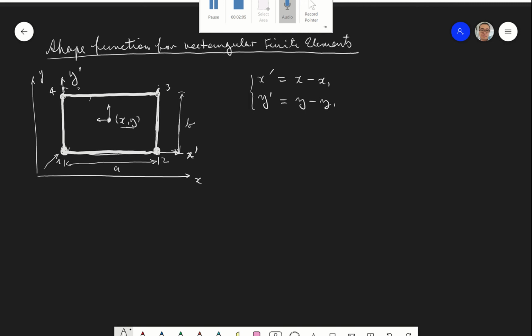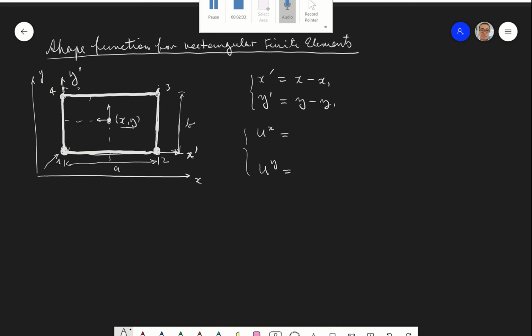And what we want to do, as before, is work out the displacement ux and uy based on the displacement at all the nodal points, or based on the coordinates x prime and y prime of this point.